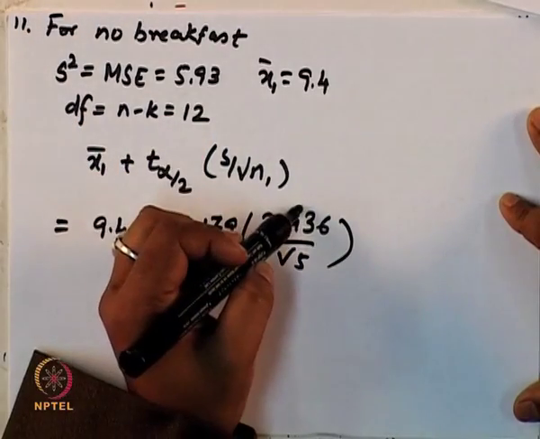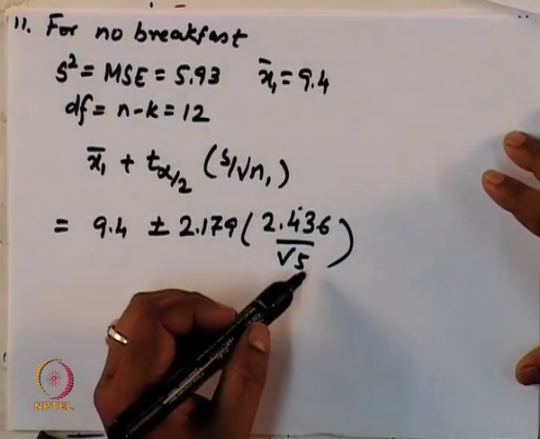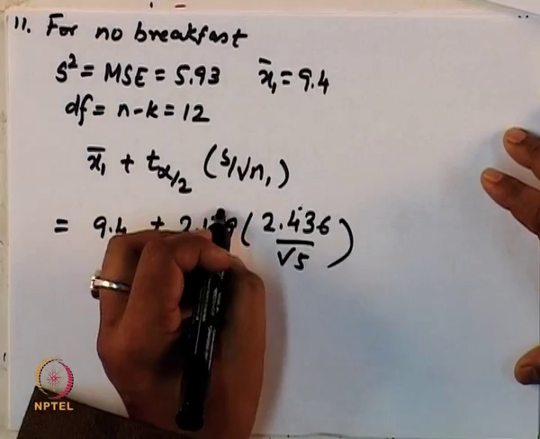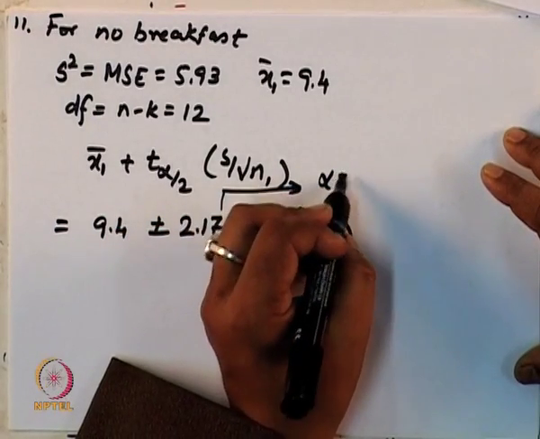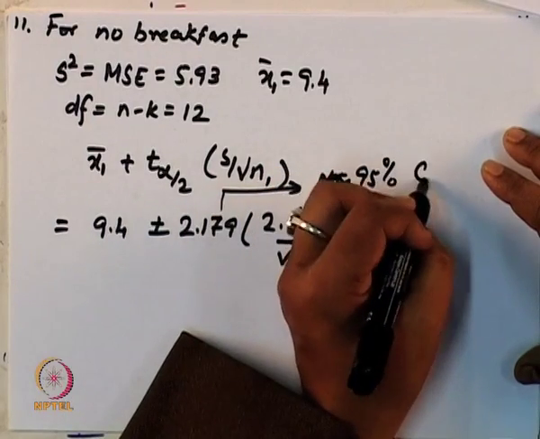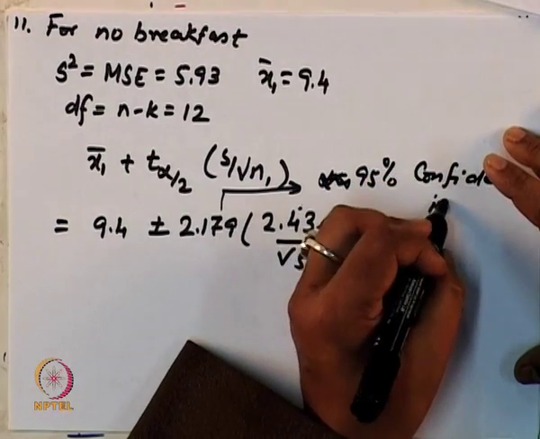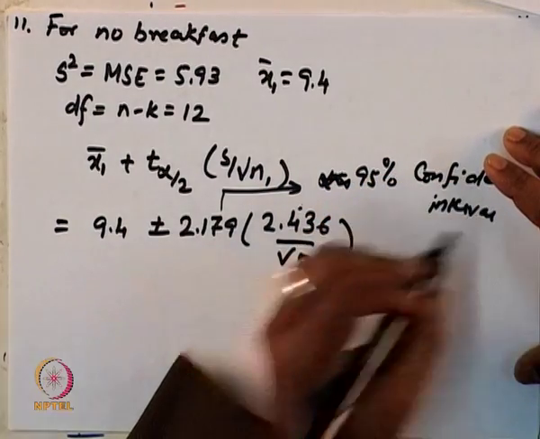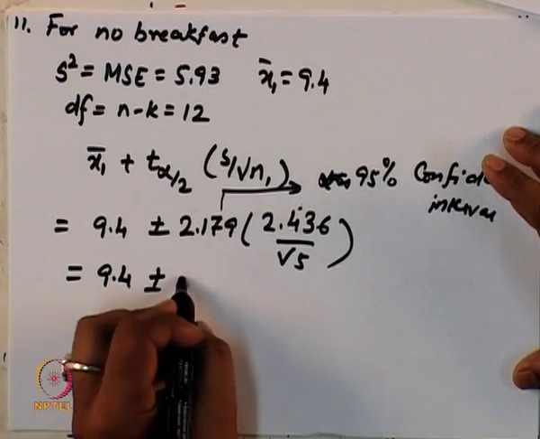This is s square, so you can compute the value of s as root of this value, and n1 was equal to 5. This is the confidence interval corresponding to 95% confidence. So, this would come out to be 9.4 plus minus 2.37.